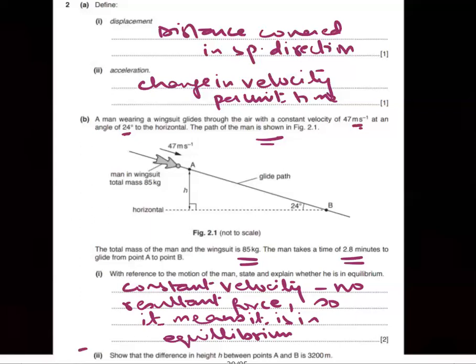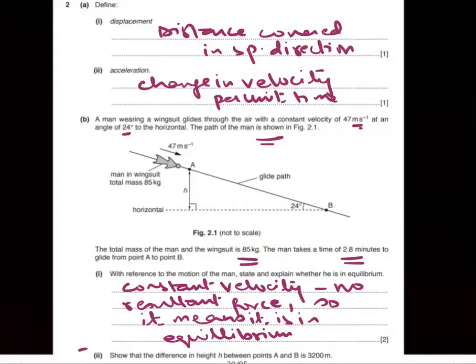Now show that the difference in height between point A and B is 3200 meters. Okay, so between point A and B, this is A, this is B, and they are asking for the difference in height. That means we are looking at this vertical component.